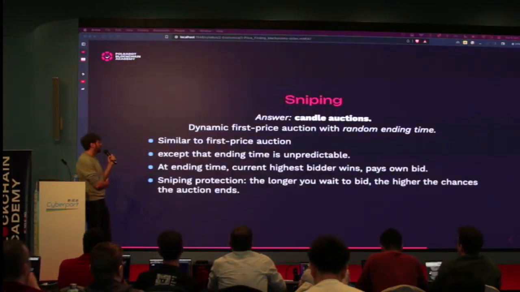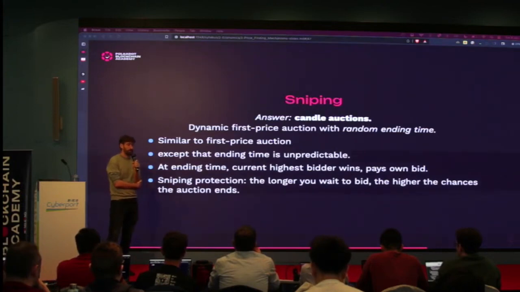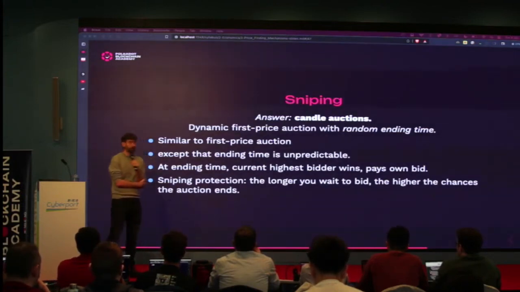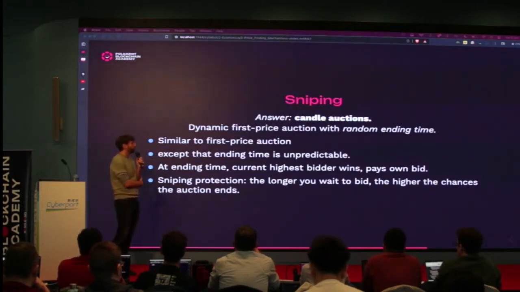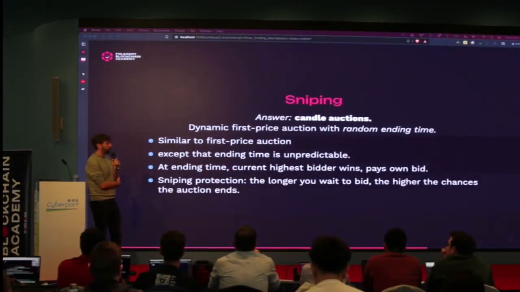So this is very similar to the first price auction. These auctions haven't been applied that much. Also, there's not that much research in academia. I'm writing one paper about it. I hope it comes out soon. It never really took off, let's say. One of the big problems here, of course, is that it's quite tedious to wait for the candle to go out.